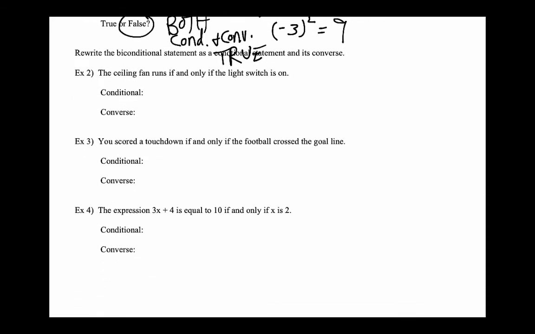For example, number 3 says you scored a touchdown if and only if the football crossed the goal line. To decide if this is a true or false statement, we need to rewrite it as the conditional and the converse. So the conditional would be, if you score a touchdown, then you cross the goal line.